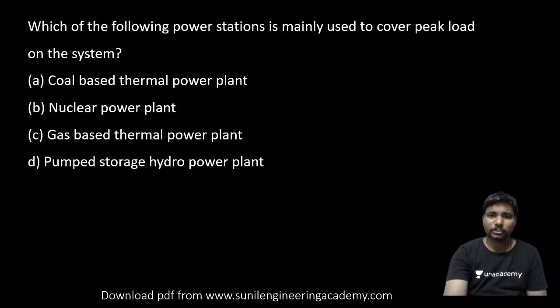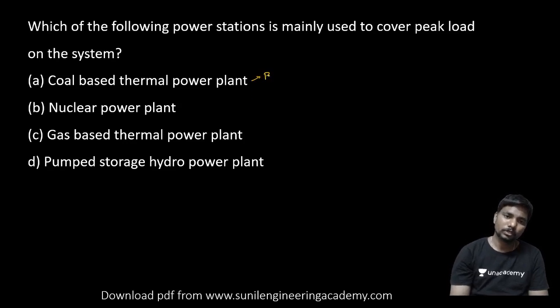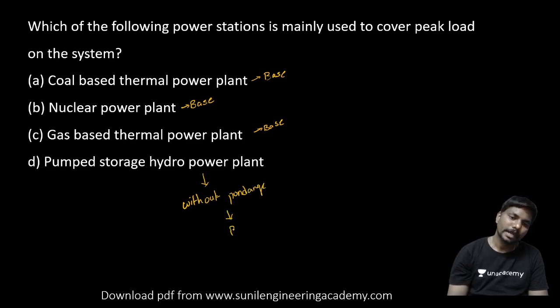Which of the following power stations is mainly used to cover peak load on the system? Thermal power plant is base load only. Nuclear power plant is also base load only. Gas also base load only. And a hydropower plant without storage, without pondage, serves as base only.